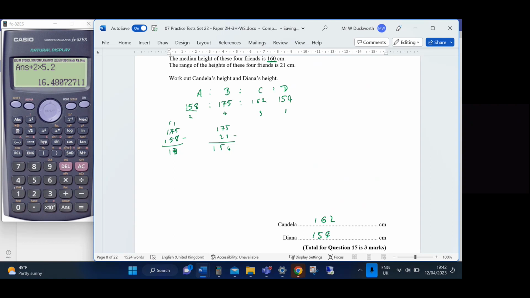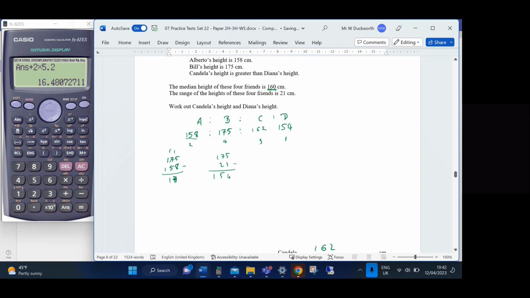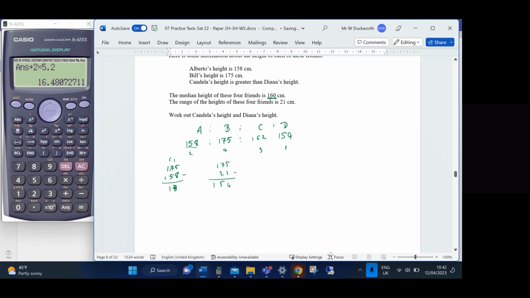So if I just go over that again, the information that we're given: we're not told who's the tallest. Alberto's height is 158. Bill's height is 175, and we're told that Candela's height is greater than Diana's height. The median height for the four friends is 160, and the range of heights for the four friends is 21. So we can start by looking at the current range of the heights.